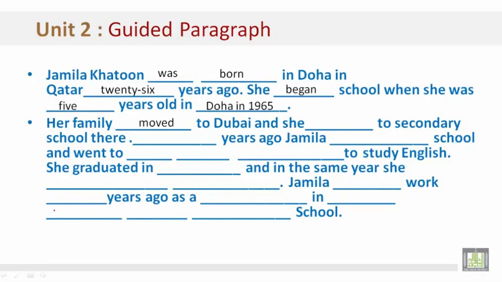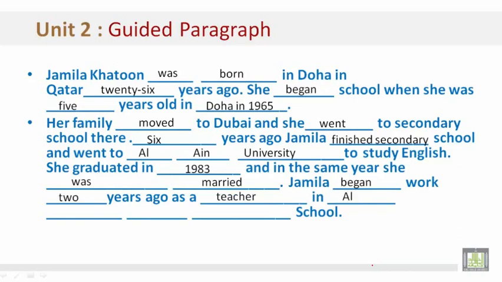Her family moved to Dubai and she went to secondary school there. 6 years ago, Jamila finished secondary school and went to Al Ain University to study English. She graduated in 1983, and in the same year she was married. Jamila began work 2 years ago as a teacher in Al Ain Secondary Technical School.